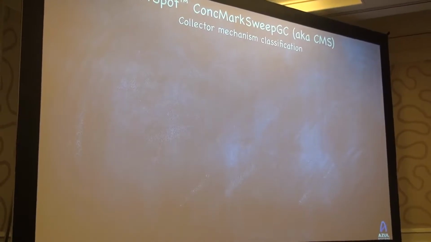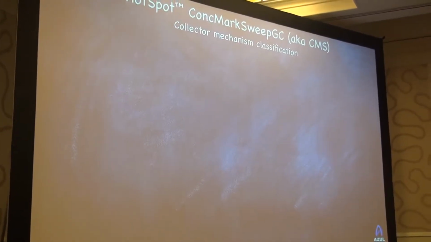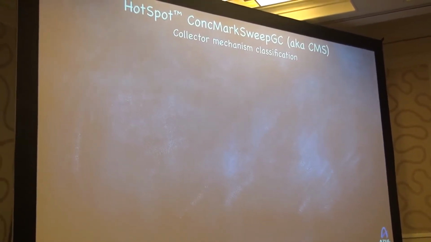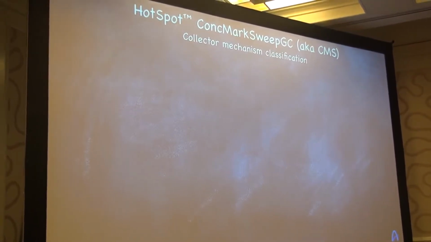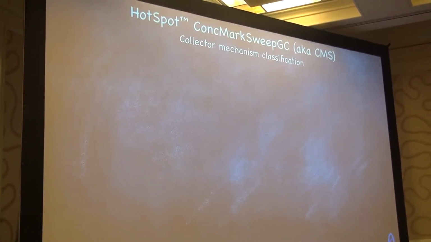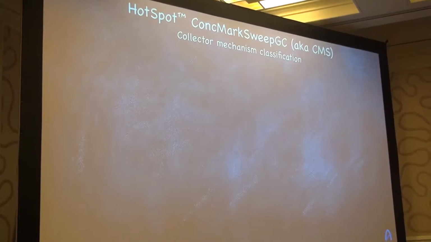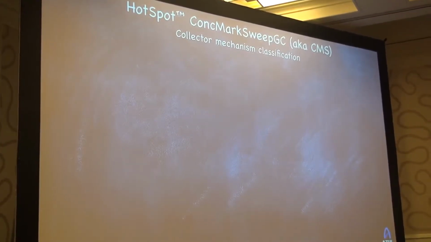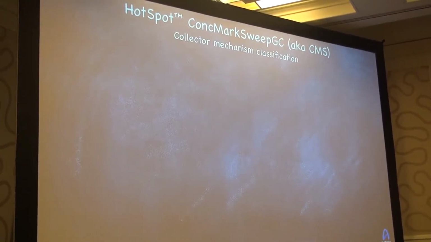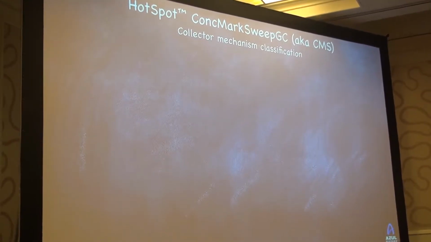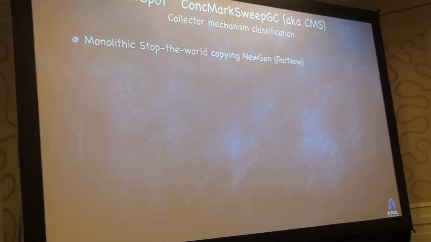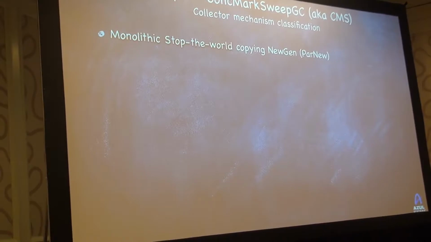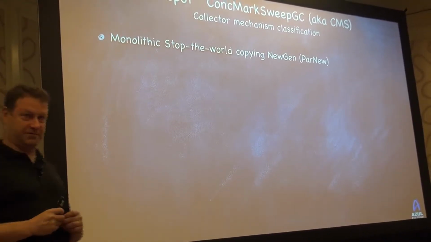Let's classify the CMS collector, the concurrent mark sweep GC. Now this is described as a mostly concurrent collector, both in academic terms and in all other terms. So given that it's called concurrent mark sweep, what do you think the classification of its new generation is? It is a monolithic, stop-the-world, copying young gen collector.